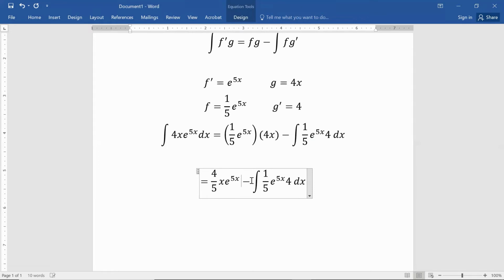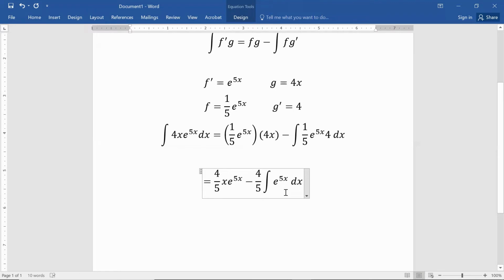That's just a little bit simpler after you multiply that. 4 times 1/5 gives you 4/5. We got an x, and then we got an e to the 5x. In this part, I'm going to pull this 1/5 and this 4 out front because they're constants. When you multiply 4 times 1/5, you get 4/5.